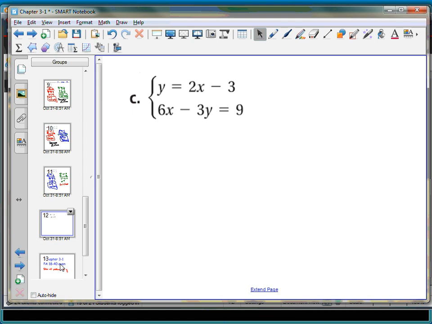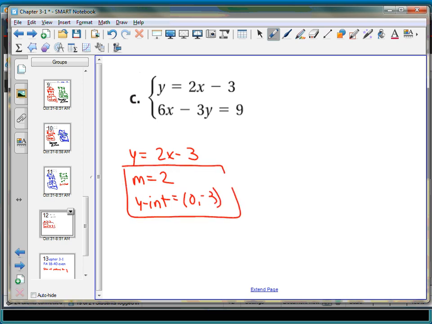Okay, last problem. Y is equal to 2x minus 3. It's already done. What's my slope? 2. What's my y-intercept? 0, negative 3. And box it in. Over here, 6x minus 3y is equal to 9. What do I do?